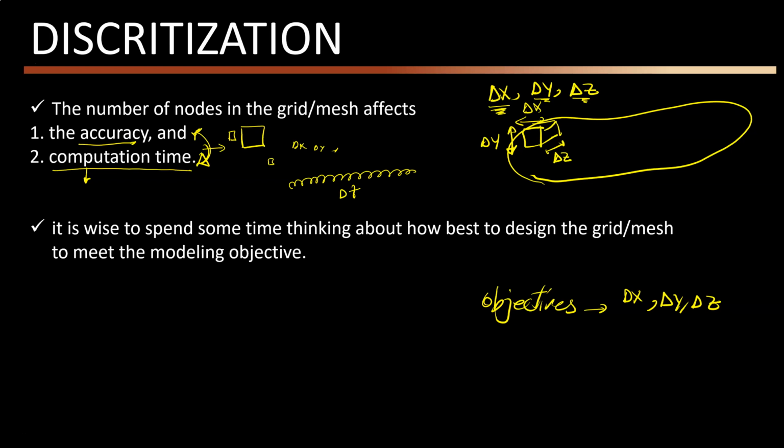But these years we have way better computers, and also we can use a parallel computational approach to increase the speed of calculation. But this is something that you as a modeler need to think about and decide, and the decision process is usually a trial and error process. So you go and play with your delta x, delta y, delta z, and see how it works.